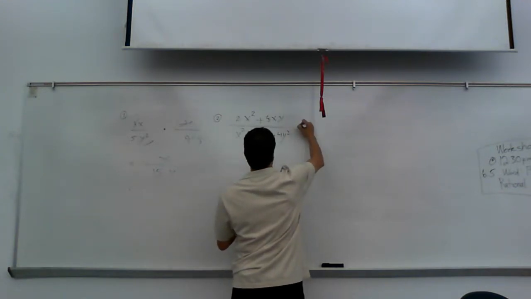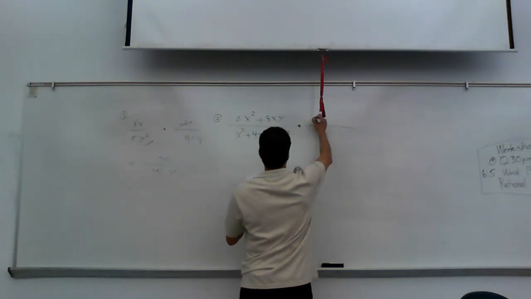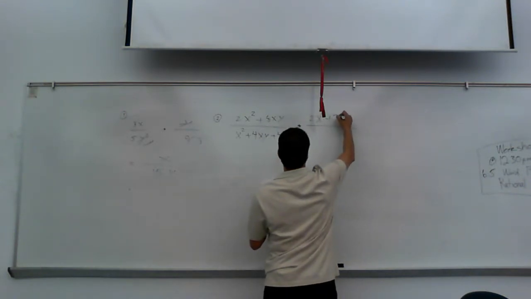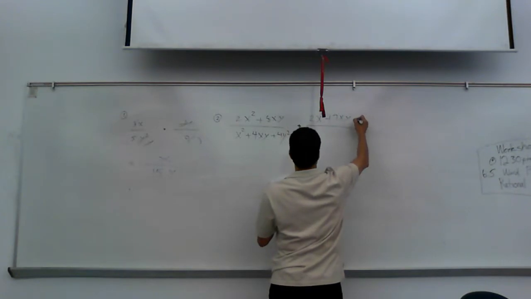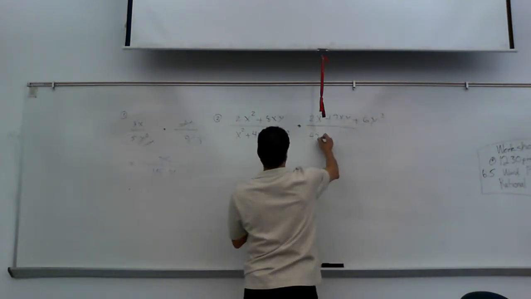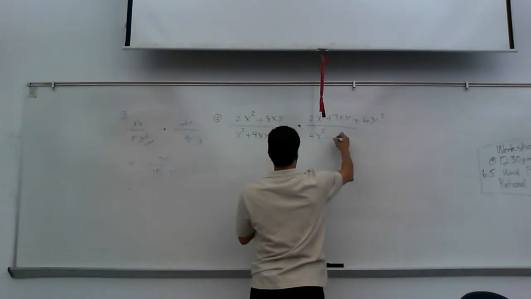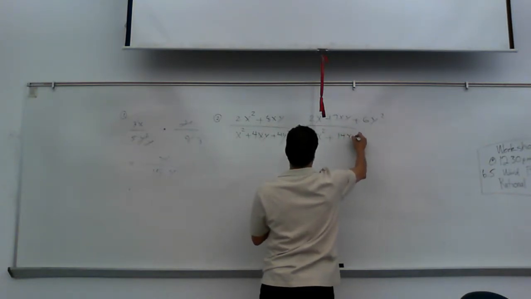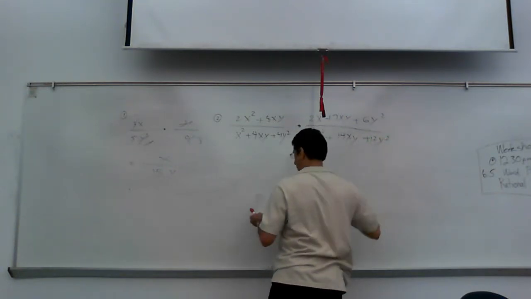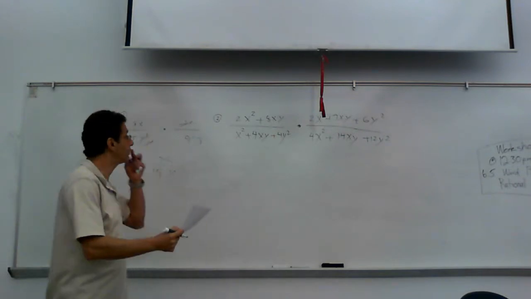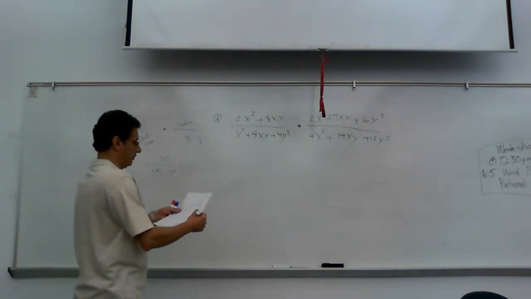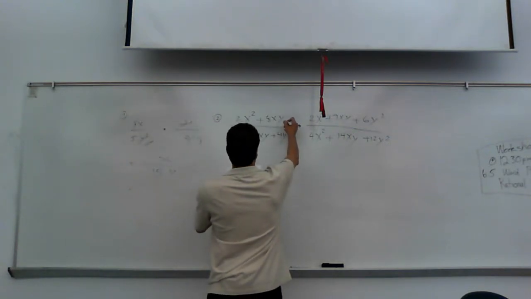We want to multiply this by 2x squared plus 7xy plus 6y squared over 4x squared plus 14xy and then 12y squared. Okay? Just make sure I copied it right. Oh, 8xy. I dropped the 8y squared in class.